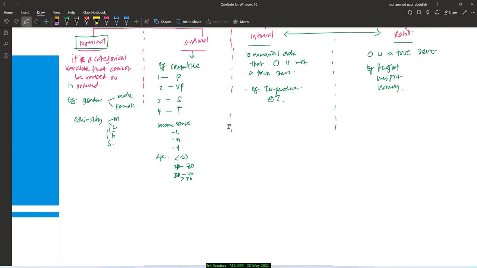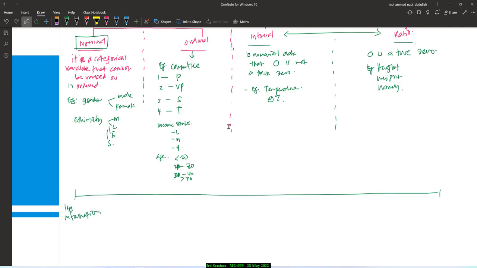So based on these 4 levels of measurement, from less information to more information, a ratio has more information, nominal has less information, because this is a categorical data. Right, we have less information.